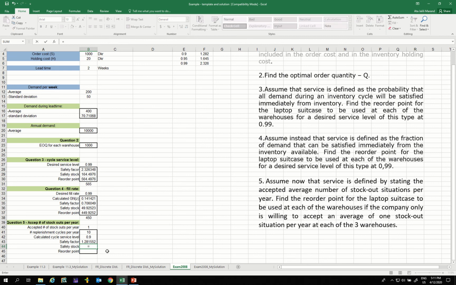Then we can calculate the safety stock, which is the safety factor multiplied by the standard deviation of demand during lead time, and then the reorder point is simply the average demand during lead time plus safety stock. Of course, I am rounding it up to 491. Yeah, that is the solution to this problem.